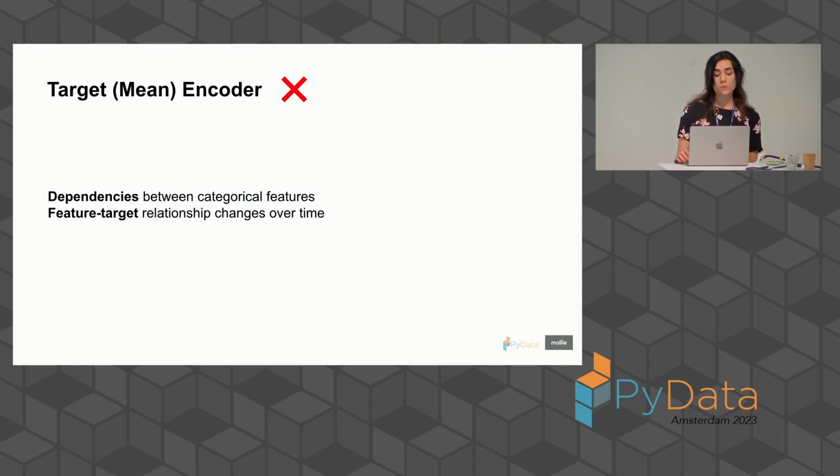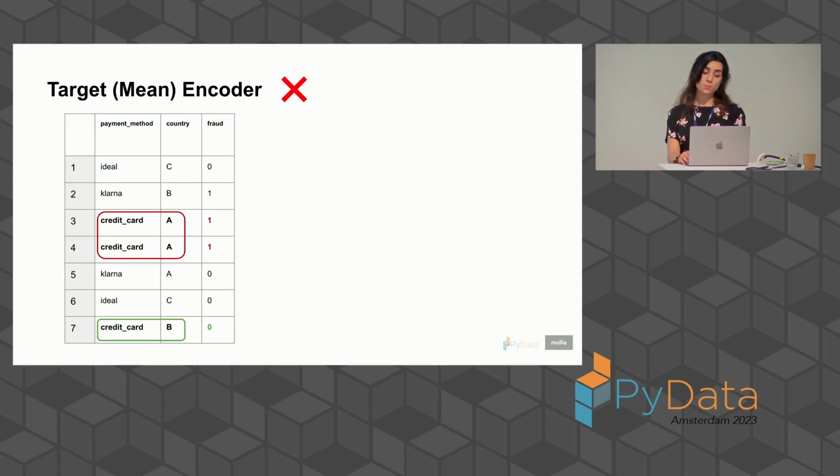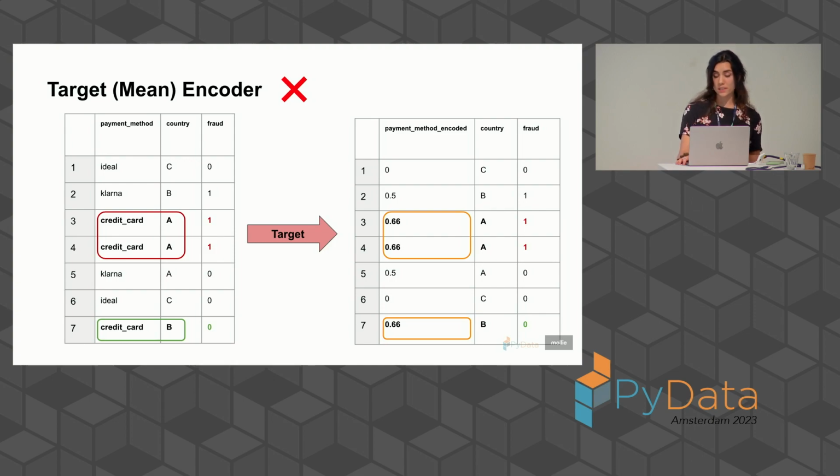When not to use it is when we have dependencies between categorical features or the feature-target relationship changes over time. For example, in this case, we see that credit card and country A always led to fraud, and credit card and country B always led to non-fraud, let's say in simple terms. Now, if we applied the target encoder as we did before, we had 0.66 before, but still, 0.66 and A leads to fraud, 0.66 and B leads to non-fraud.